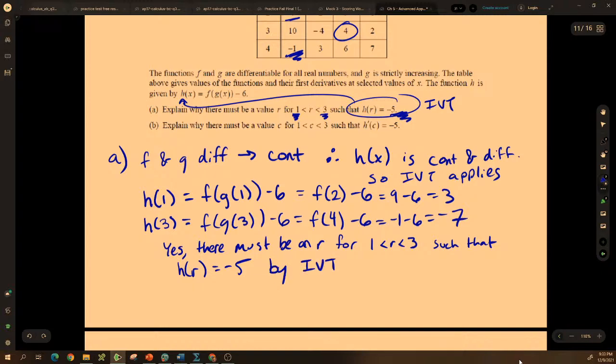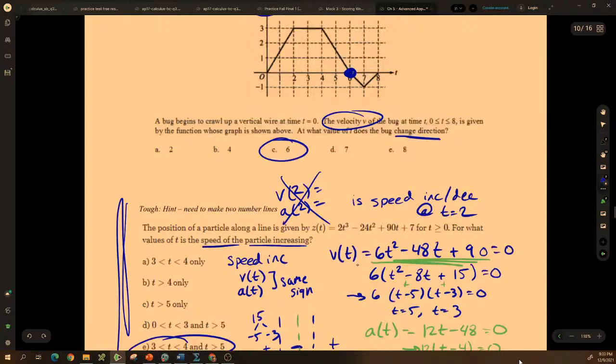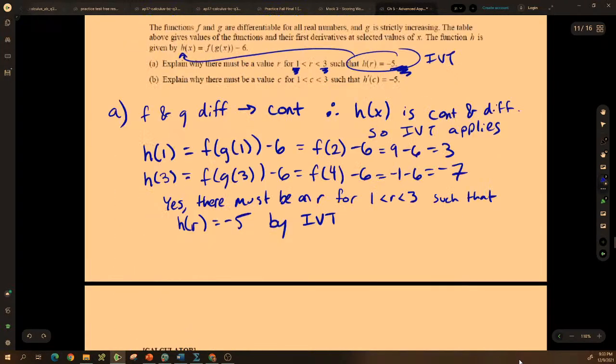Likely this is enough. But I like to say also, oops, I don't know why that keeps happening. Because, and I would say something like, I can either say negative 7 is less than 5 is less than 3.